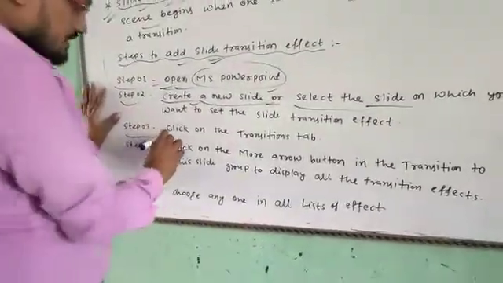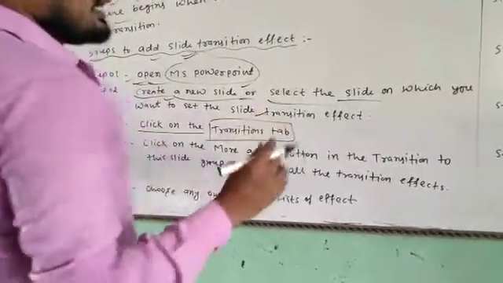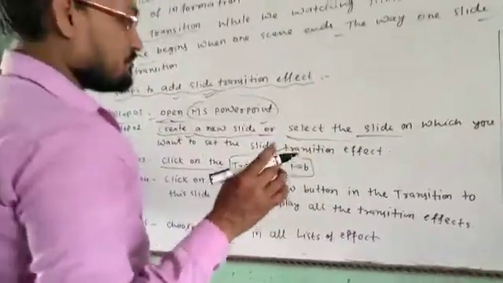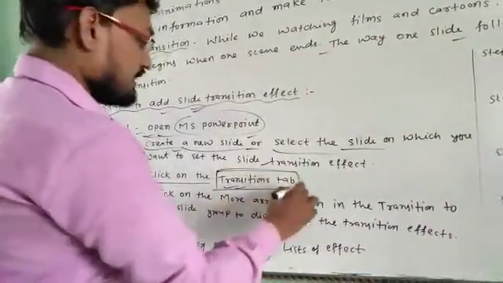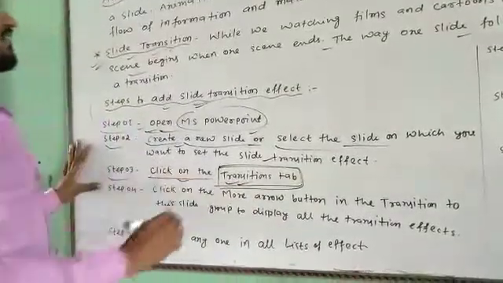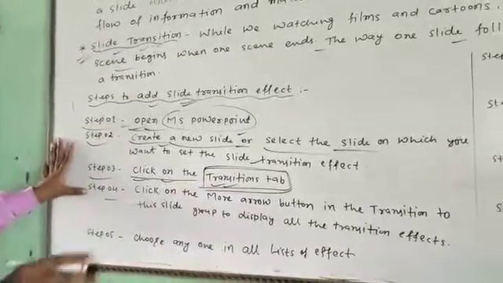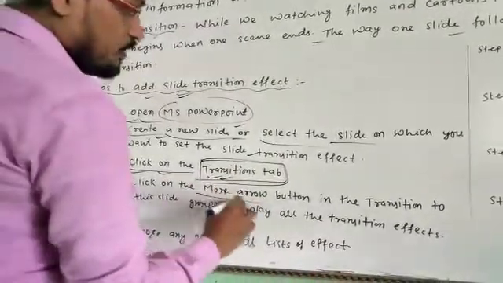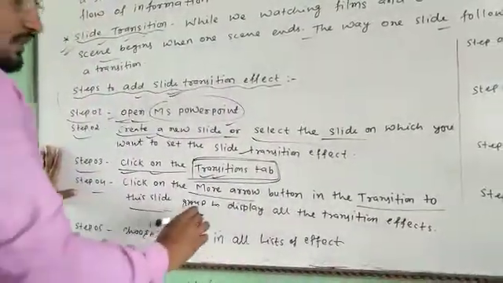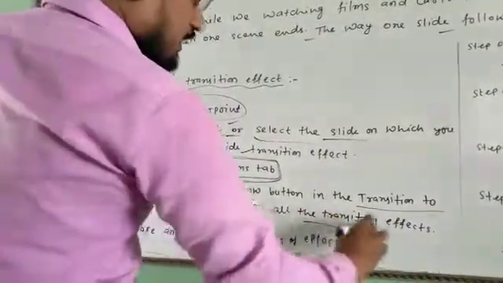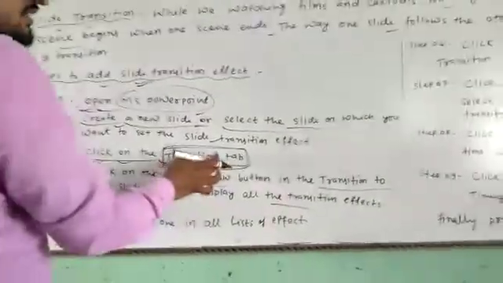Our third step is to click on the transitions tab. After selecting the slides, go to the transitions tab and click on it. After clicking the transitions tab, click on the more arrow button in the transition to this slide group to display all the transition effects.